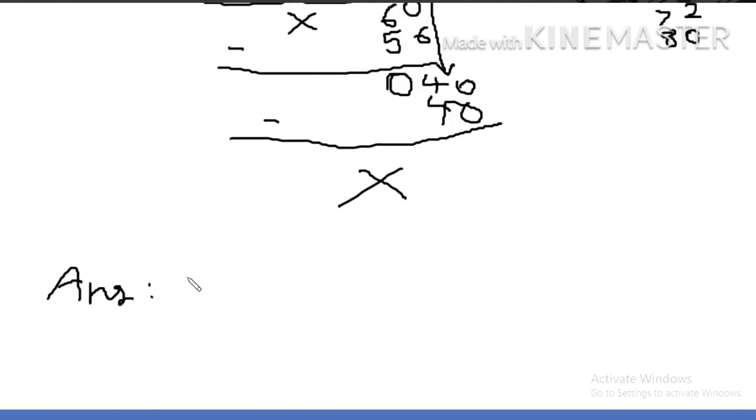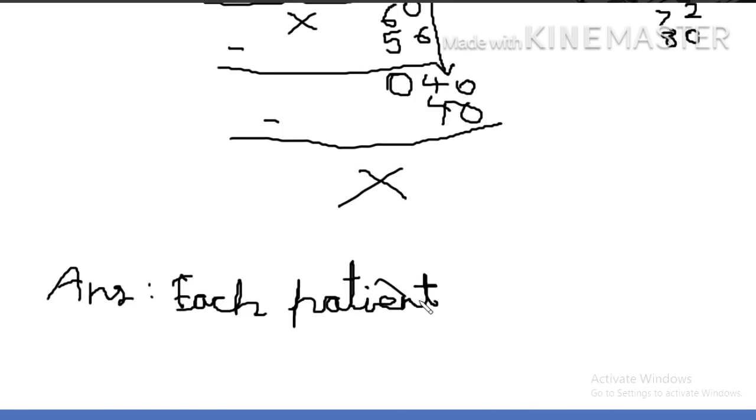Our answer will be: the trust gave each patient rupees.